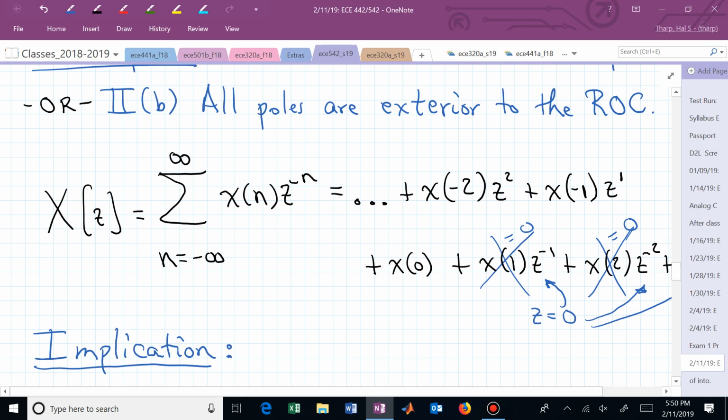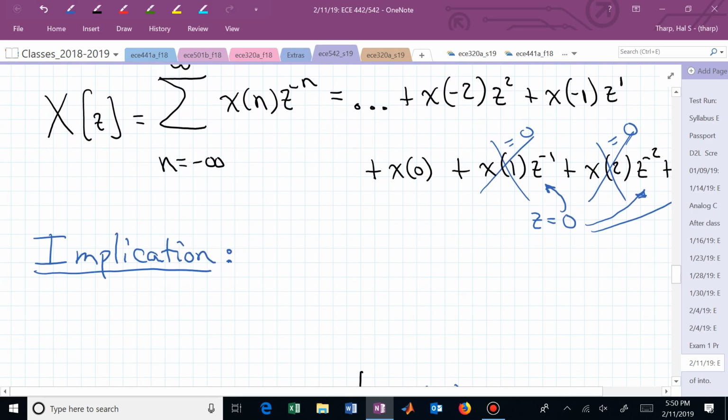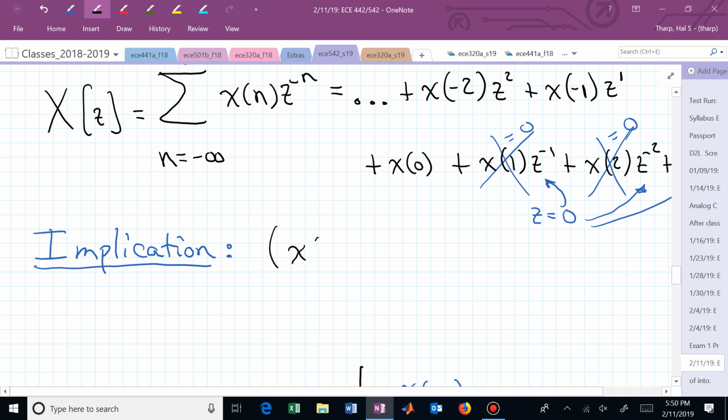What's the implication now? Now I'm going to say that little x of n is definitely not causal. Causal is associated with the non-negative values of the time sequence's argument. This is the opposite, so this is non-causal. This one is acting before it's excited.